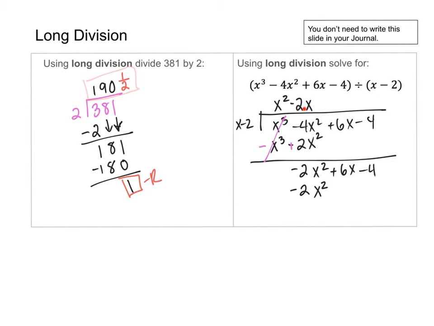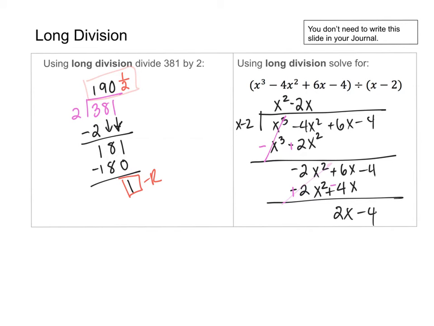And then negative 2x times negative 2 gives me a positive 4x. And then I need to distribute a negative sign because I'm subtracting. So then that's going to cancel. And so if I add these two, I'm going to get positive 2x minus 4.